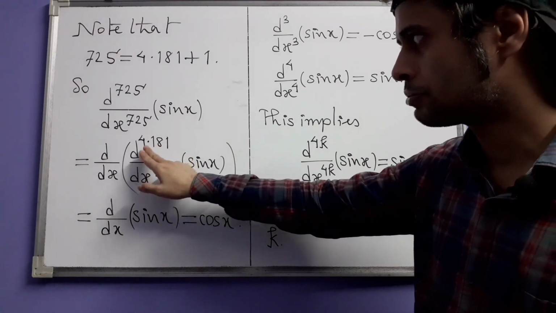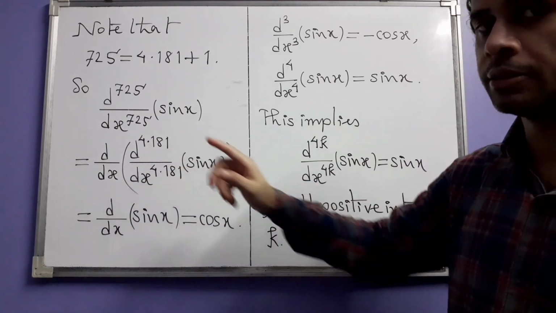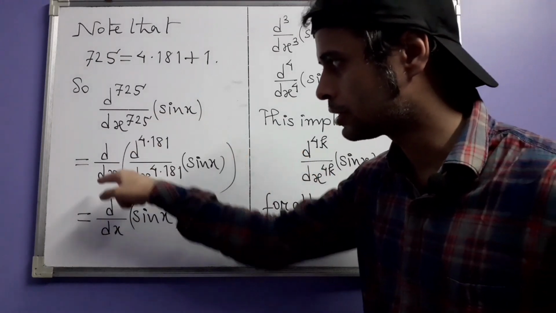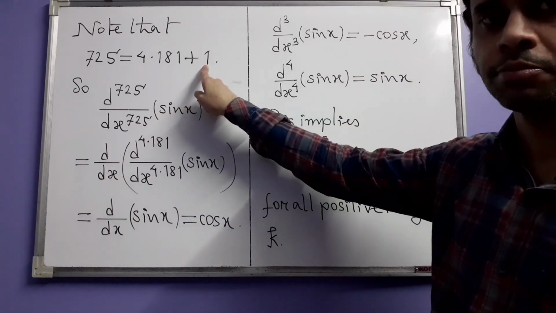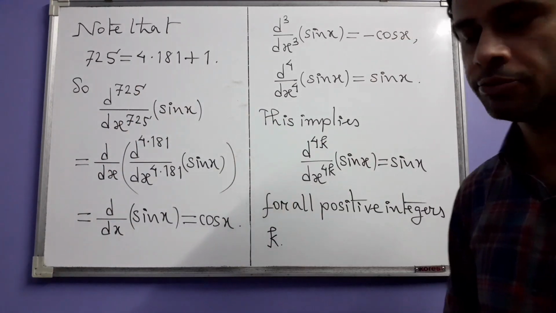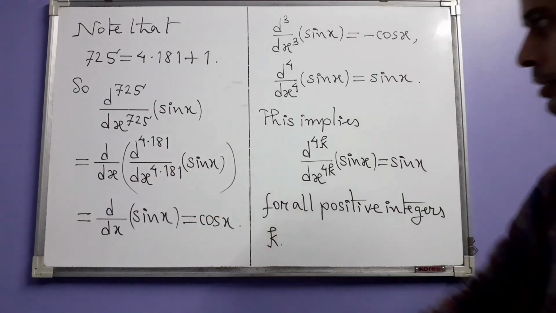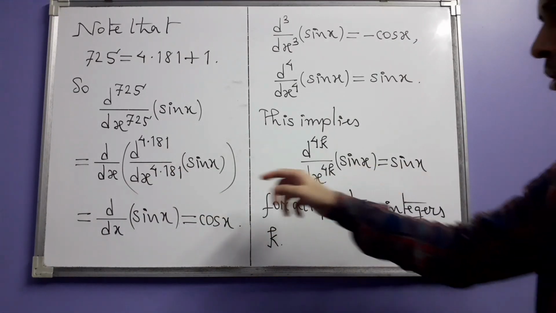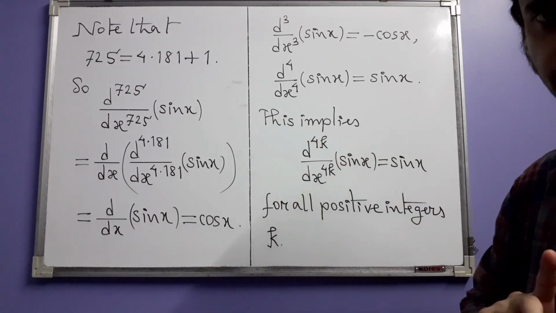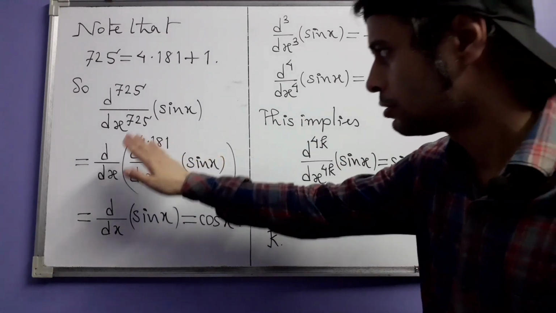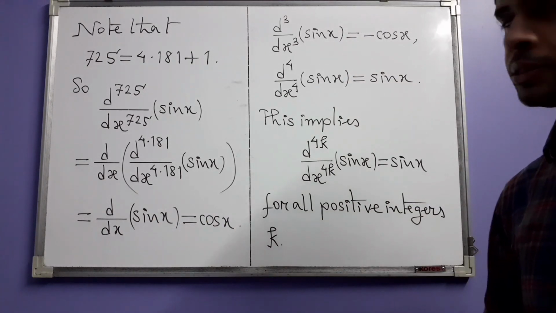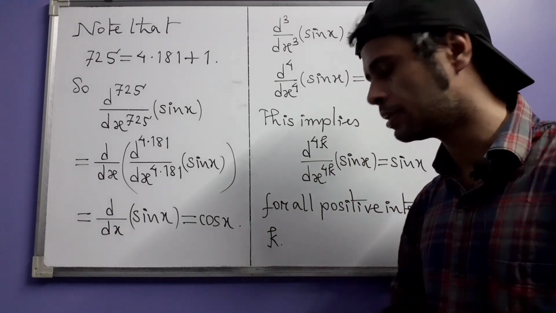We write the 4 times 181 derivative of sin x, and then differentiate it once more because of this plus 1. But this is sin x because the number 4 times 181 is of the form 4k. K here is 181. So this is sin x and then you differentiate that and you get cos x. So the 725th derivative of sin x is cos x.